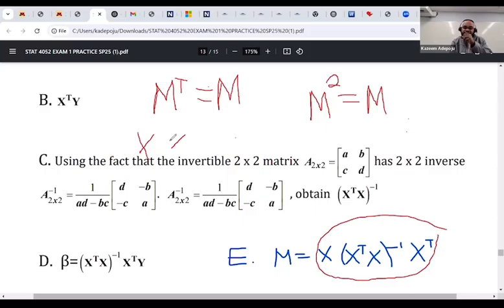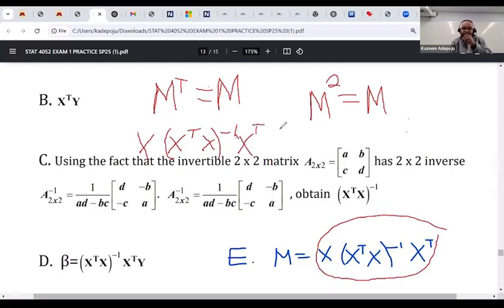X transpose. Please pay attention. X, inverse. X transpose.